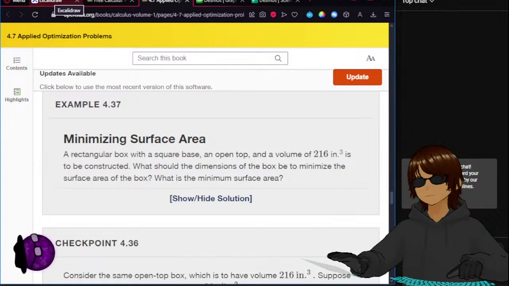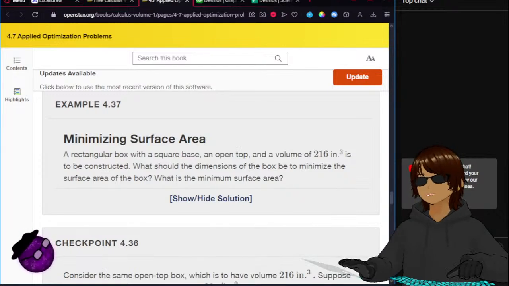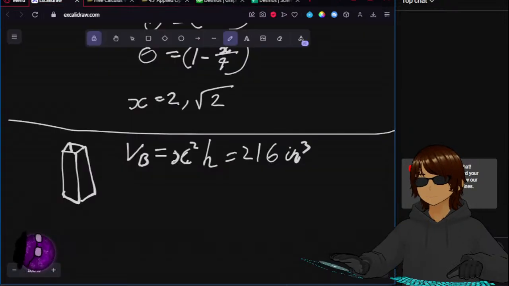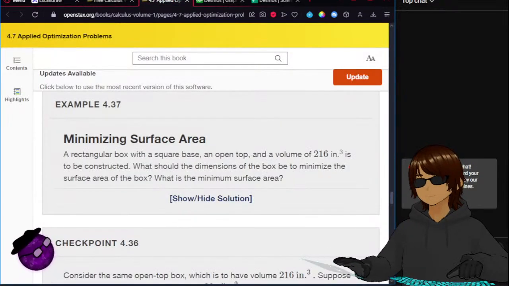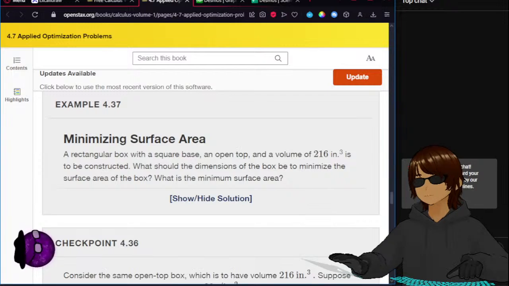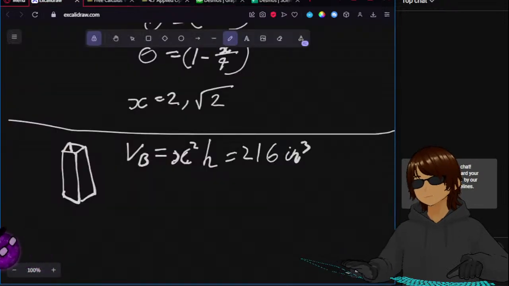Hmm. There is no limit to the height. Because x can go smaller and smaller and smaller, and then h can go higher and higher.